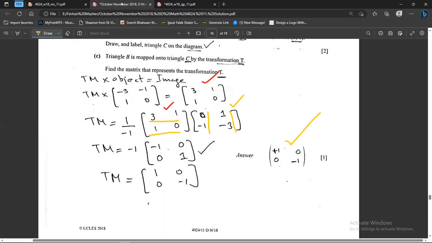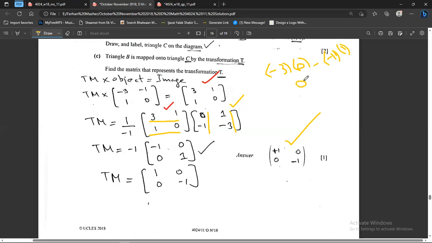Oh, I made a mistake. The determinant of this thing will be, let me check, -3 into 0. I made a mistake in the determinant. -1 into 1. Okay.